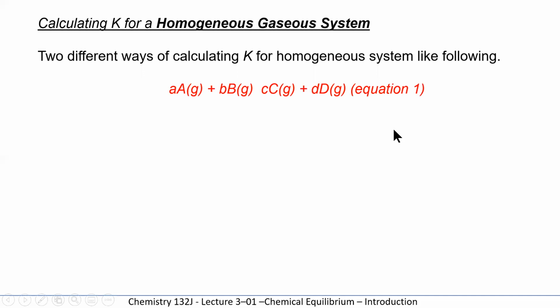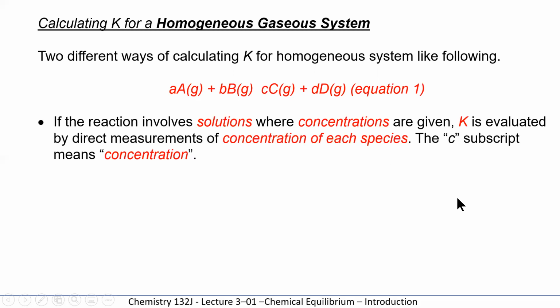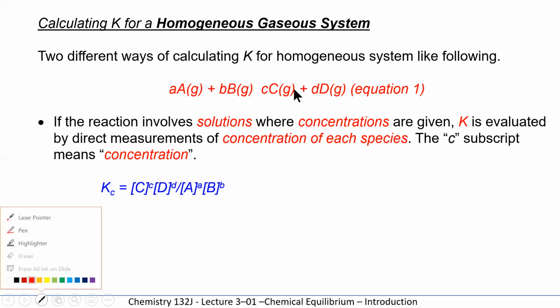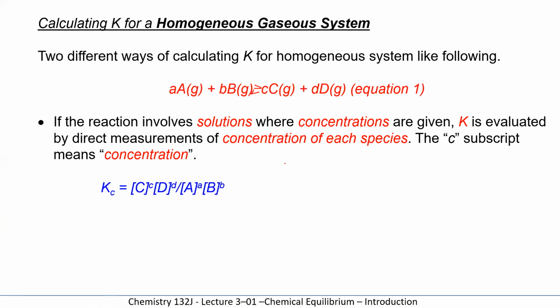So, calculating K for a homogeneous gaseous system. Again, we're going to use the equilibrium equation, A and B in equilibrium with C and D. Sorry, I forgot to put two arrows there, so just think that there's an arrow here and an arrow there. If the reaction involves solutions where concentrations are given, K can be evaluated by direct measurements of the concentrations of all participants in this equilibrium.